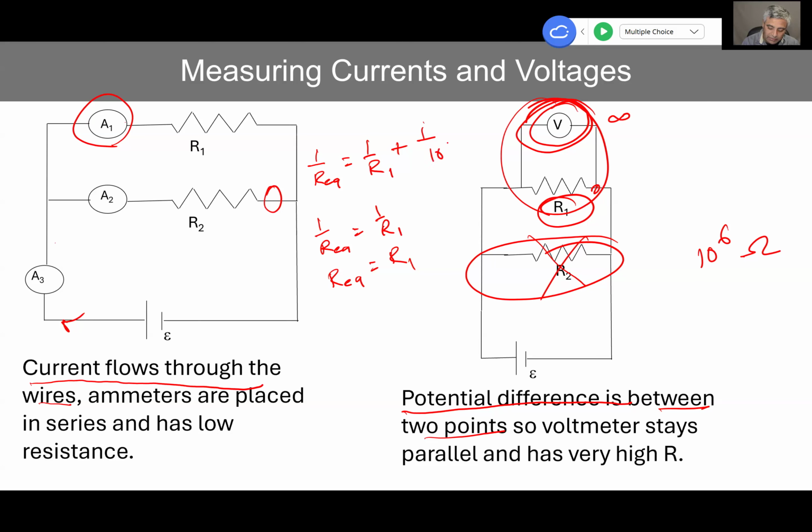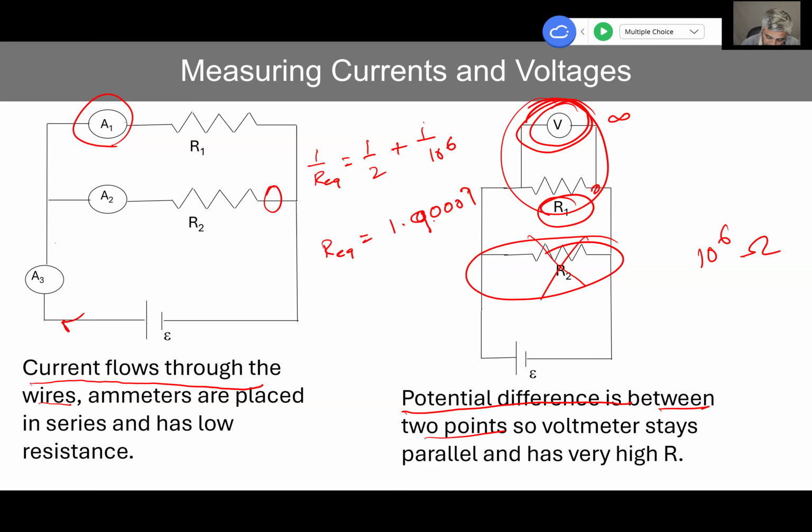Just like I was saying, we can have this 10 to the power 6, but let's say this is 2, then what is the equivalent? The equivalent is going to be still very close to 2, slightly less than 2, or maybe 0.00001, something like that, 5 decimal places. Oh, hold on.